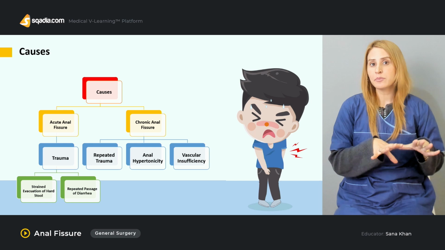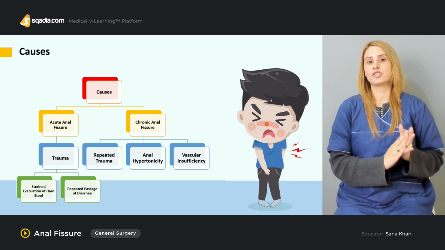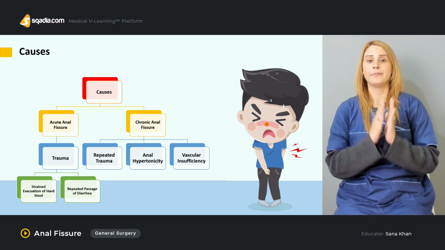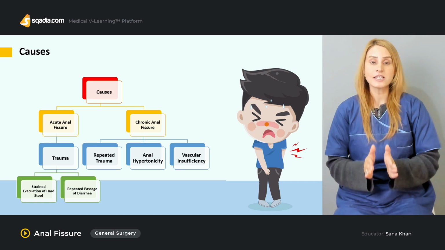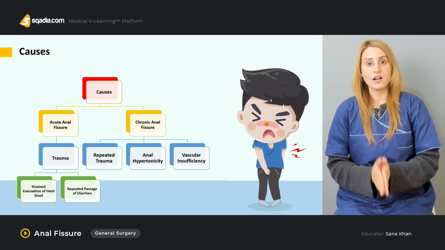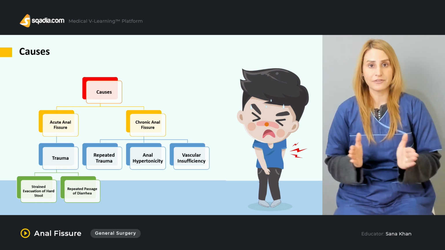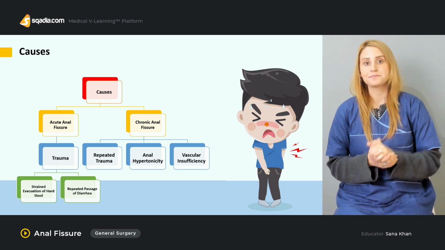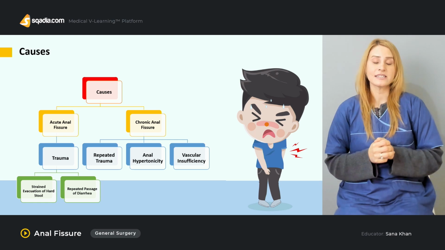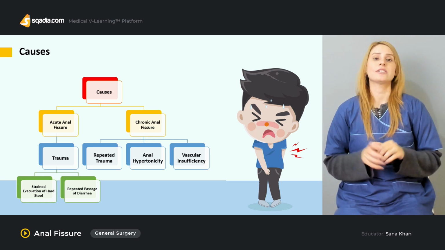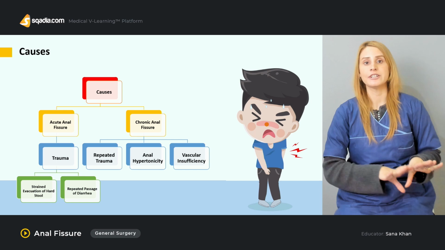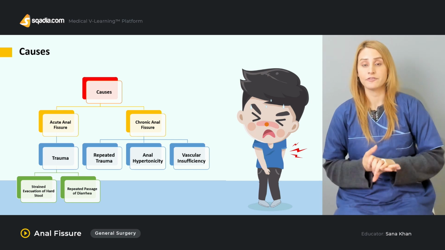So always remember, if an acute anal fissure lasts for more than 2 months and is not resolving with the conservative treatment you're offering, and there is persistent painful defecation, then you can say the acute anal fissure has converted to a chronic anal fissure.